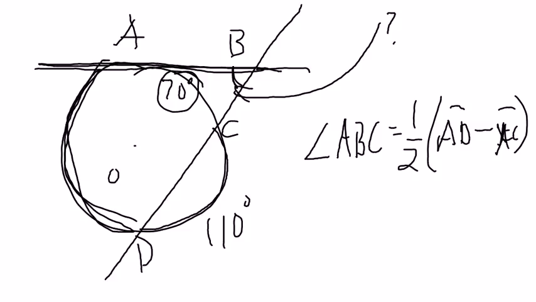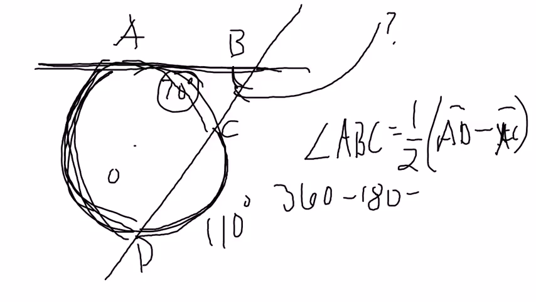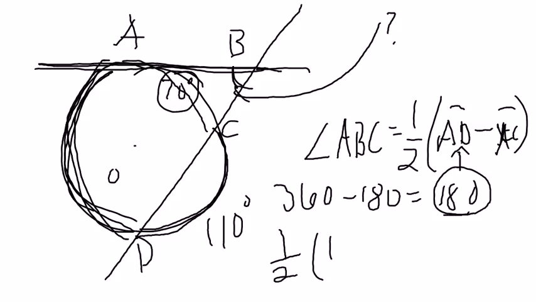Well, we know this is 70 here, 110 there. So what's that total? That's going to be 180, right? So the rest of the circle, remember, is just the difference. 360 minus 180 is magically 180, right? So now we have the measure of that arc, and so our angle is going to be half of the difference between that and 70 degrees, because that's this arc right here.